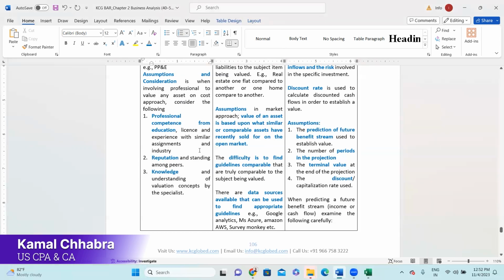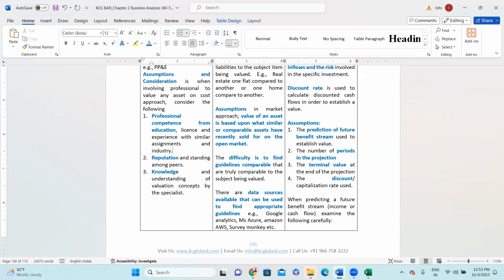Second important thing which you need to keep in mind is the reputation and standing among the peers. So how good is the reputation of the valuer among the peer group? That also you need to understand. Third one is knowledge and understanding of valuation concept by the specialist. So how good is his or her knowledge about the valuation concept for the respective category of asset valuation.